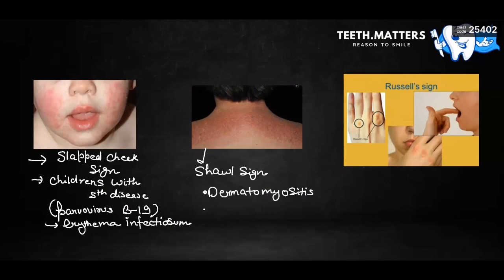It is confluent, symmetric, macular, violaceous erythema.